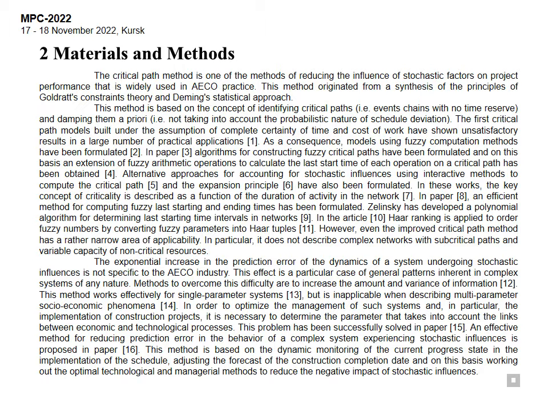The exponential increase in the prediction error of the dynamics of a system undergoing stochastic influences is not specific to the AECO industry. This effect is a particular case of general patterns inherent in complex systems of any nature.